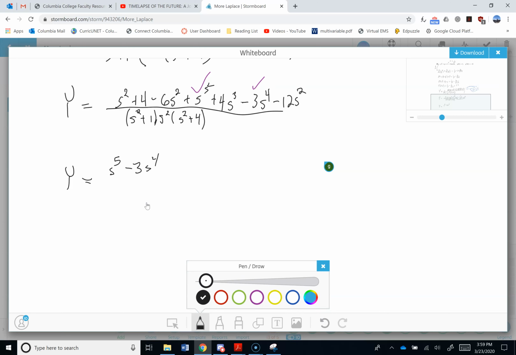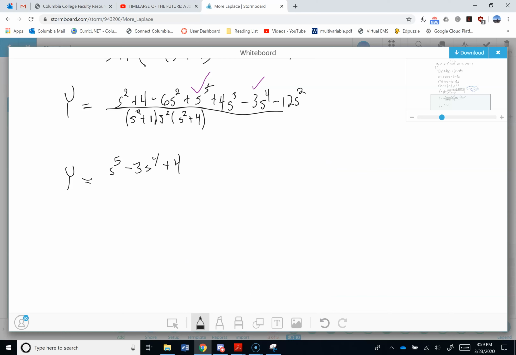And then I have s cubed. Oh, wow, these are even easier than I thought. So I only have 1 s cubed. So I have 4s cubed. That's this one. And then s squareds, I have s squared minus 6s squared minus 12s squared, I think makes a total of minus 17s squared.